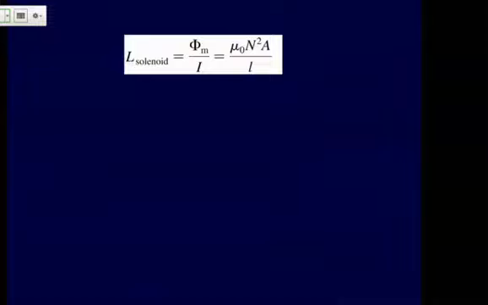And so if we look at this and try to understand this definition, basically the idea of an inductance is how much magnetic flux you have per current. For our solenoid, if we write out our magnetic flux, that's BA. I'm going to assume, as is always the case with a solenoid, that our magnetic field is along the same axis.